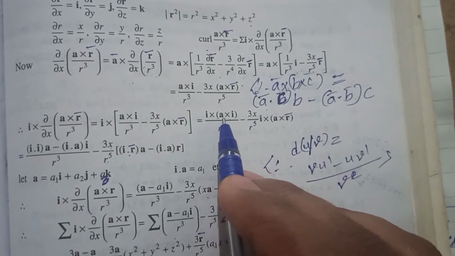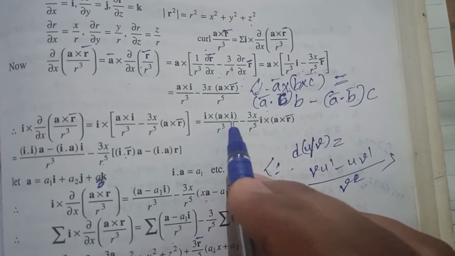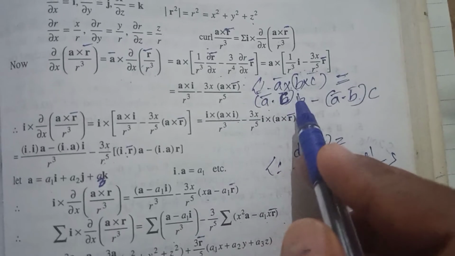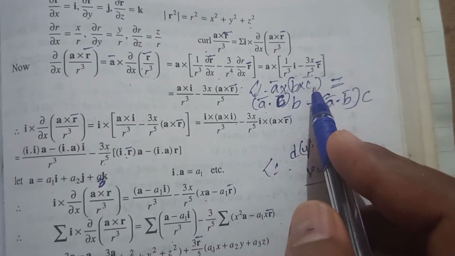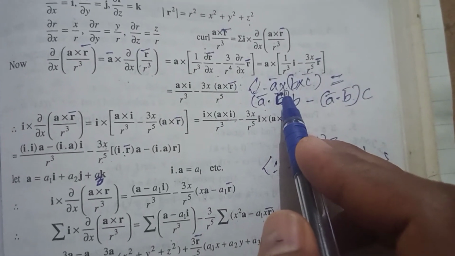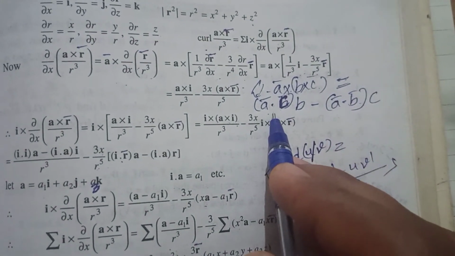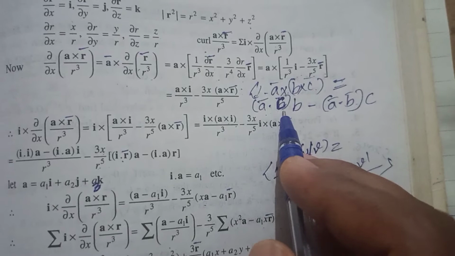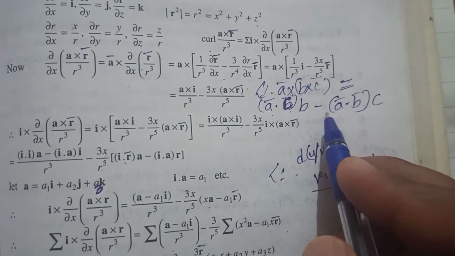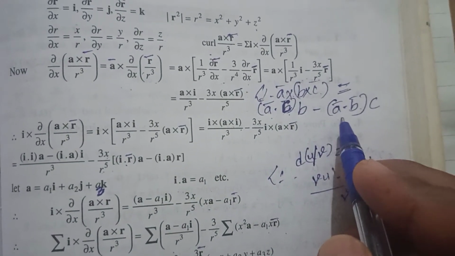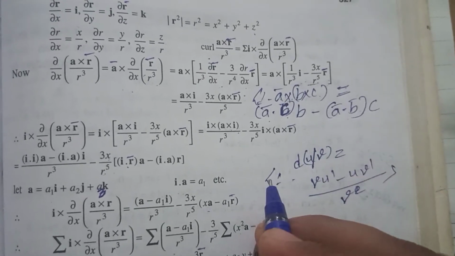Here if you look, this one, î cross (a cross î), is in the form of a cross (b cross c), a cross of b cross c. We are going to write it as (a dot c) b minus (a dot b) c.